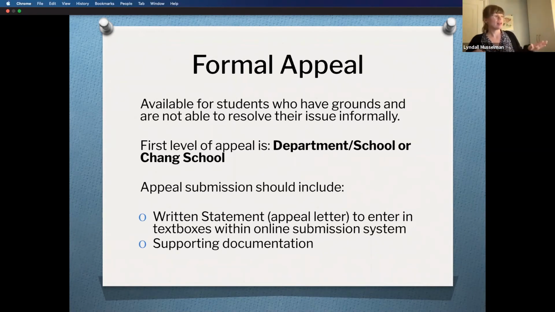Your appeal submission should include your written statement where you make your arguments about what happened, how you have grounds, what actions you took to resolve the issue, and what your remedy is. And then, of course, you really should have some supporting documentation wherever possible.